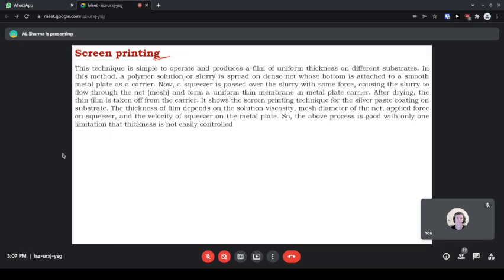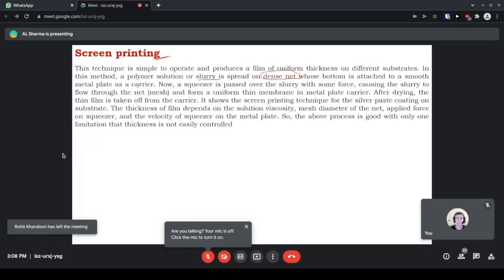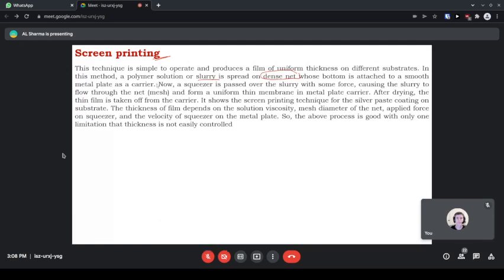In this method, a polymer solution or slurry is spread on a dense net, remember this is a dense net, whose bottom is attached to a smooth metal plate as a carrier.